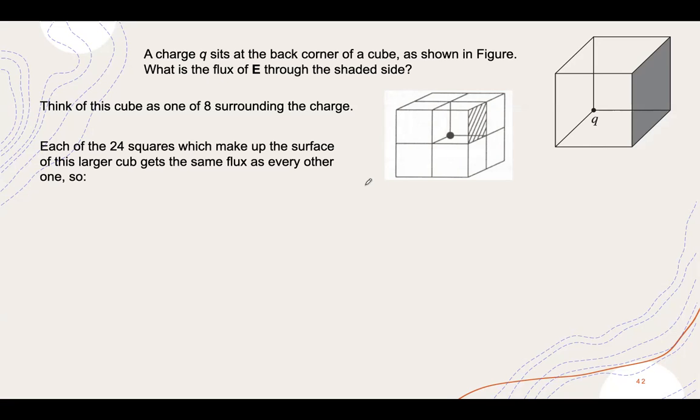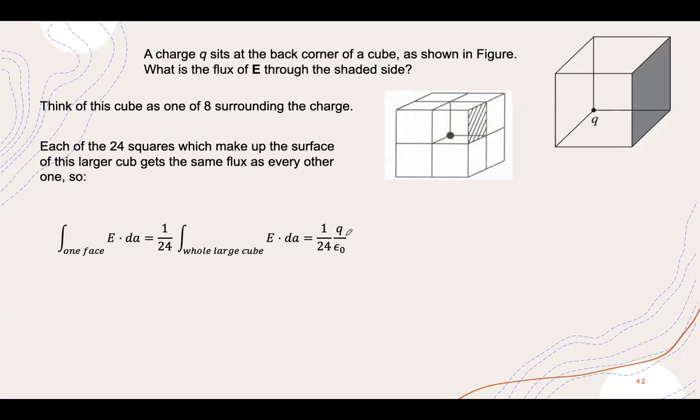And now all the surfaces are getting the same. So what are we going to do? For one surface, we're just going to divide by 24, right? Yes, sir. And then it is going to be like one face of the integral of E dot dA is nothing but 1/24 of the whole large cube's E dot dA.